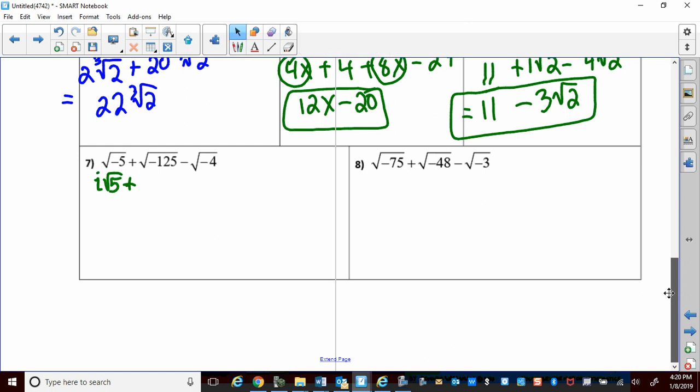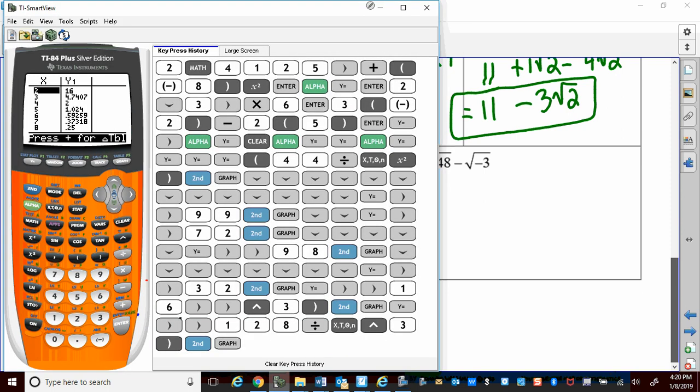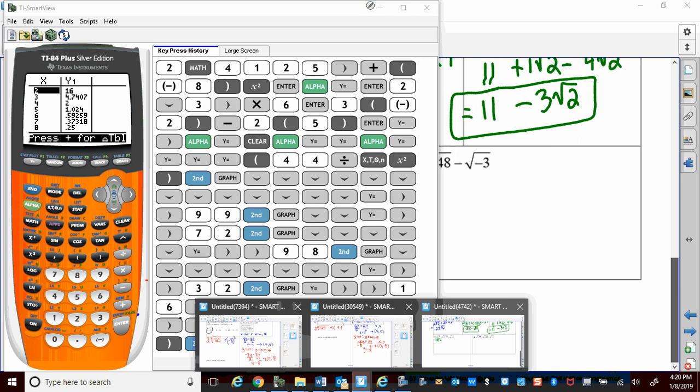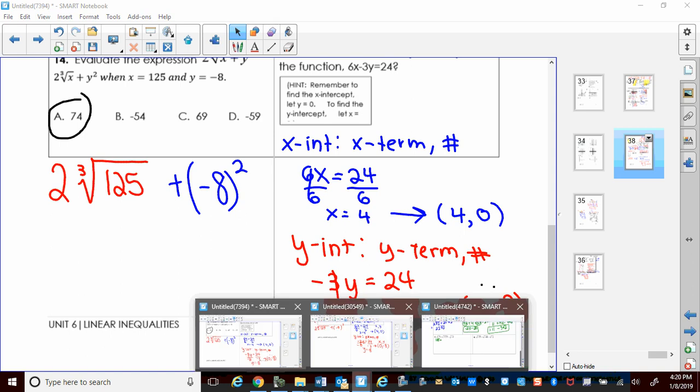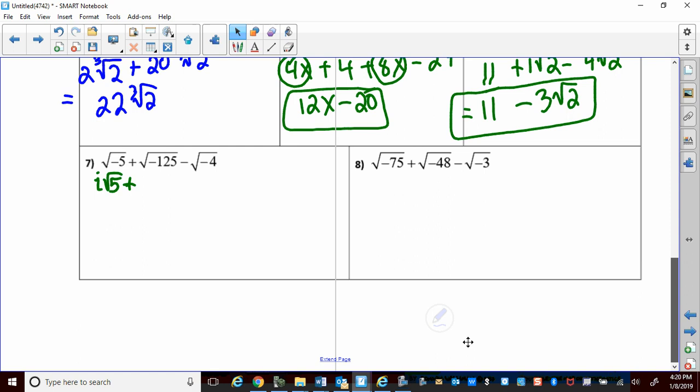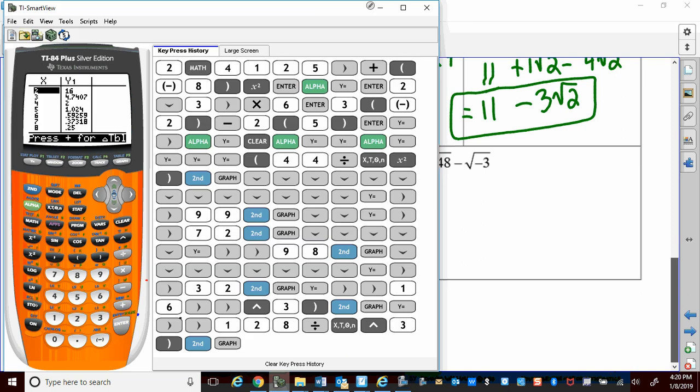I don't know, so I'm going to go to my calculator. But one of the things I do know is that there's going to be an i out here, but I'm going to have a square root. Okay? So let's go to the graphing calculator here, put it in.